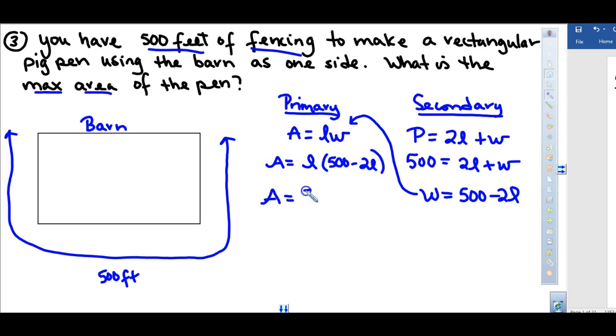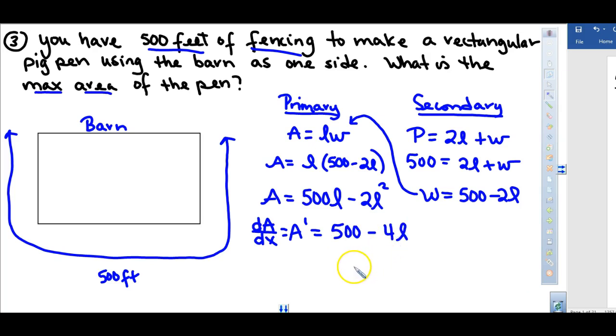So I'm going to multiply that out. Area is equal to 500L minus 2L squared. So the derivative of area with respect to x, also known as A prime, I don't care which one of these you write, is 500 minus 4L. And I'm going to set that equal to 0.